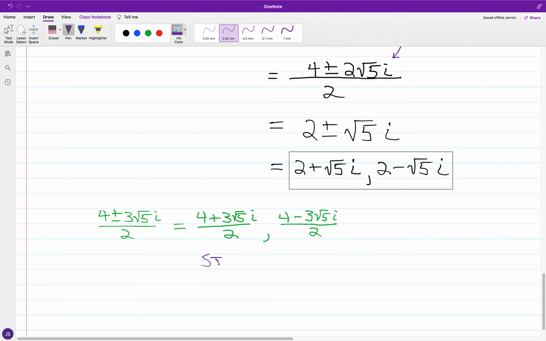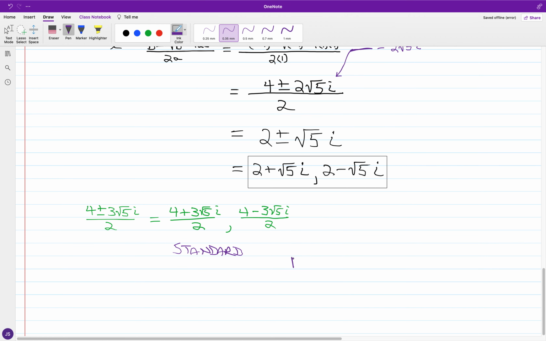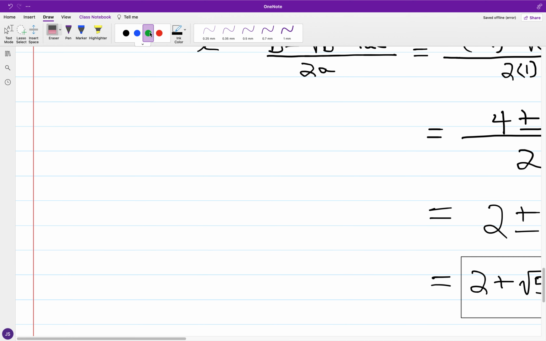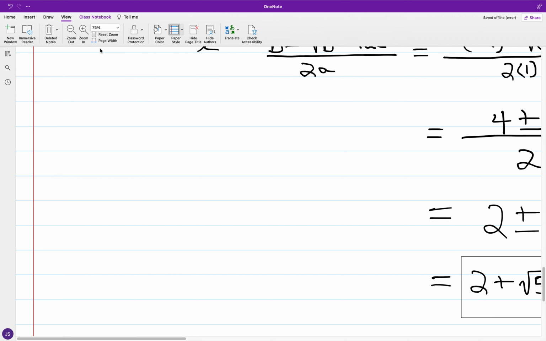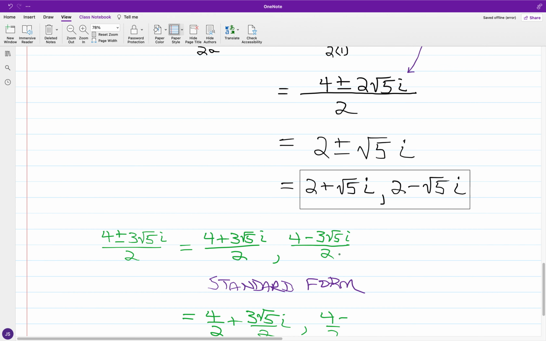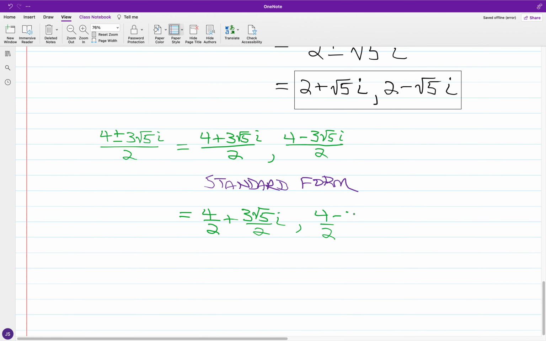But if it asks for the standard form, the a plus bi form, your a will start out with 4 halves, and 4 halves minus 3 times the square root of 5i over 2.